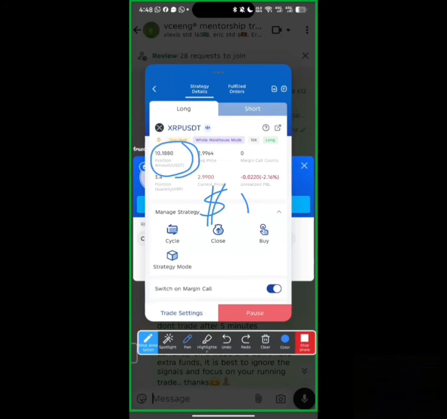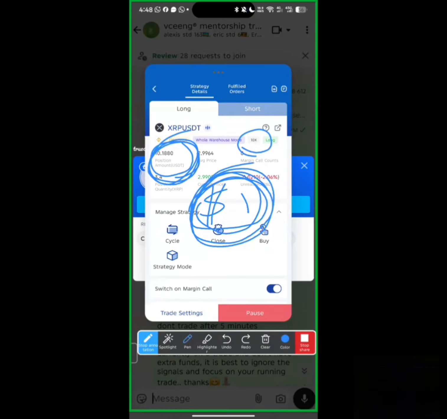That's that 1% for me. In 10%, this 10x here, I'll be getting it on my $1, not on this $10. I'm not the owner of the $10. This one is my own. So whatever leverage, they'll multiply it on my payment. People always get that wrong, okay?